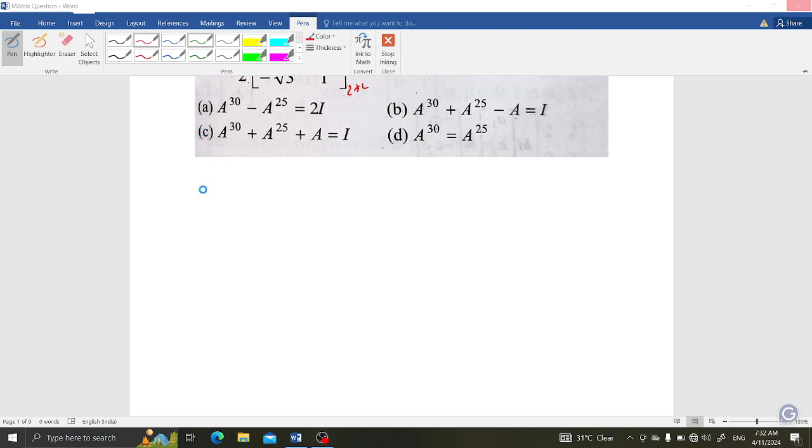Here we can observe that we have A equals 1 by 2, 1 root 3 minus root 3 1, and we need to find A raised to power 30, A raised to power 25, A raised to power 2y. Move on to the next one.